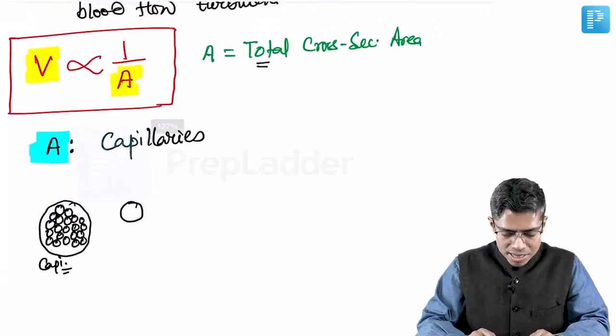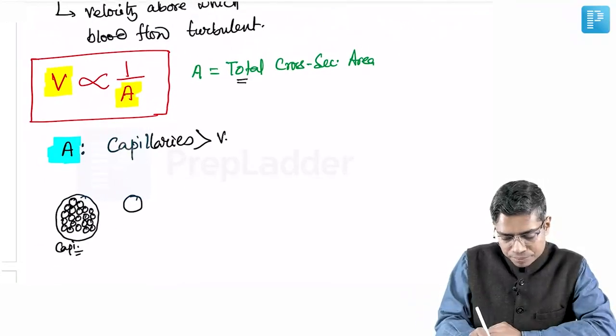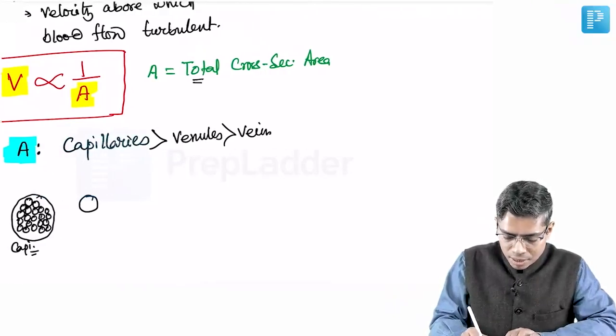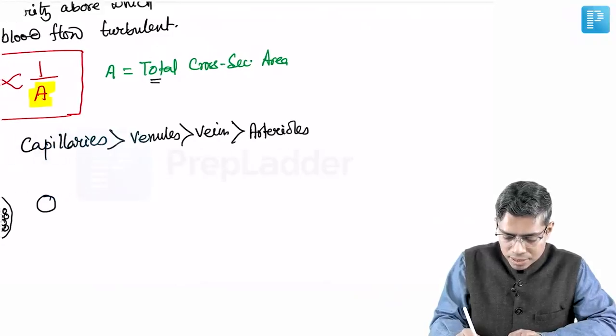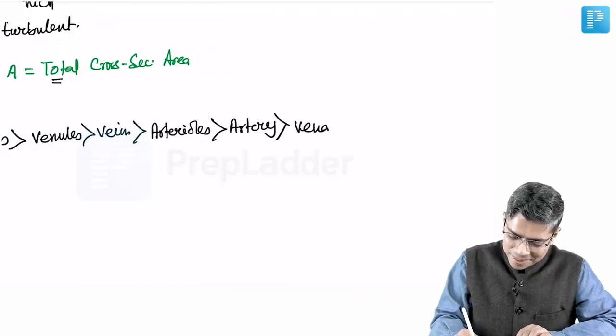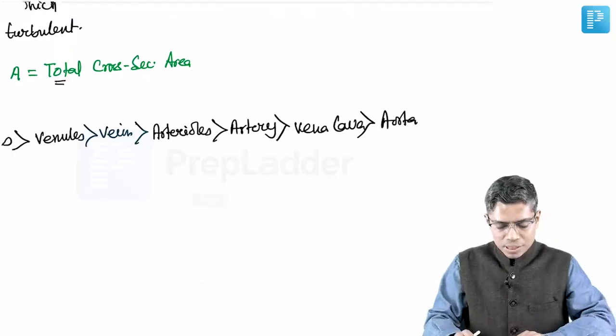So, cross-sectional area A is maximum at the level of capillaries, followed by venules, followed by veins, followed by arterioles, followed by arteries, followed by vena cava, and last is the aorta. Getting my point? So this sequence you have to remember.